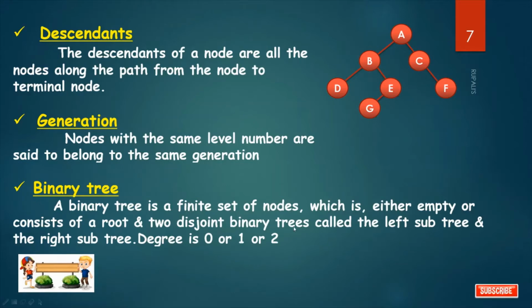Two disjoint binary trees means what? Two trees are called disjoint if those two trees have no elements in common. So, the two disjoint binary trees are called the left subtree and right subtree. So, the degree is either 0 or 1 or 2.